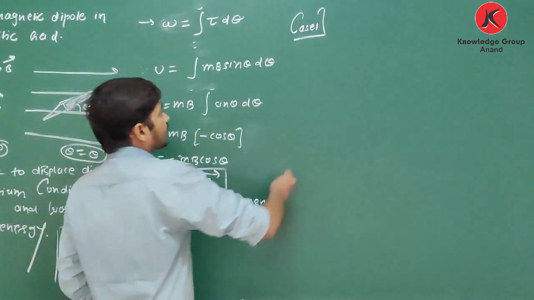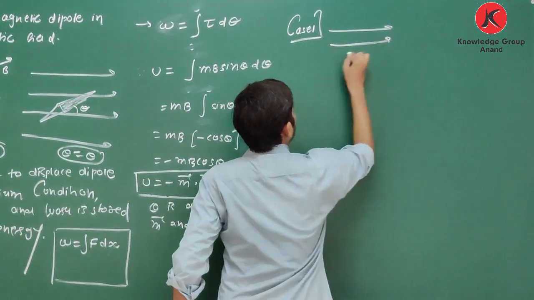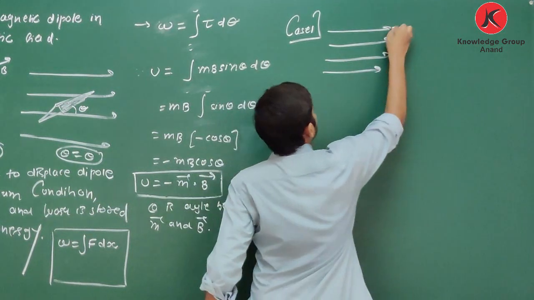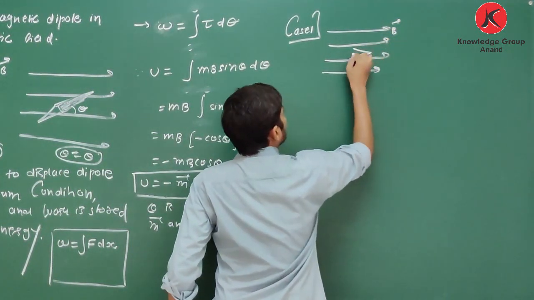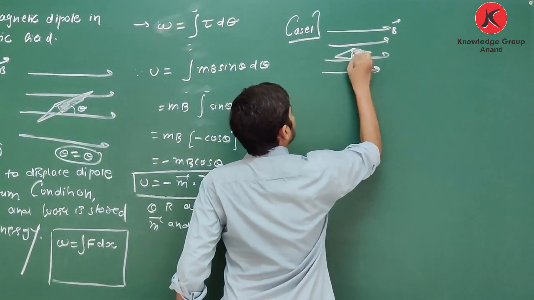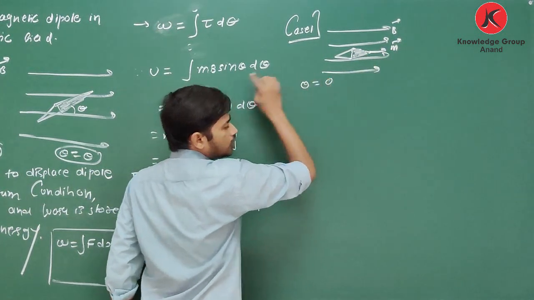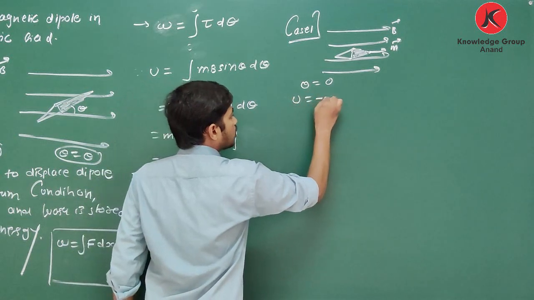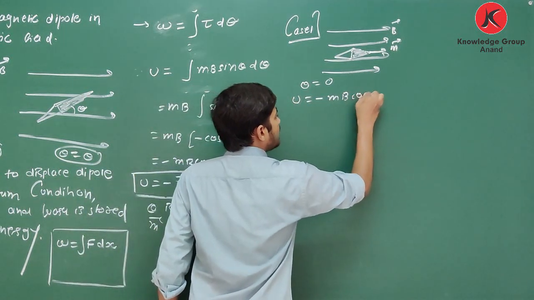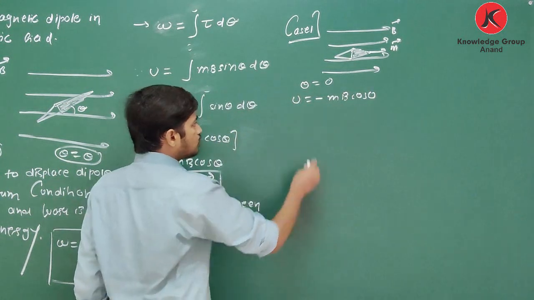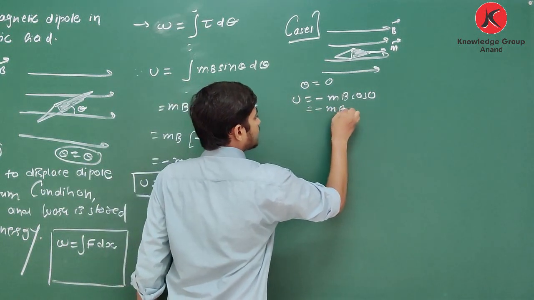Now case 1. Uniform magnetic field in this direction, needle in this direction, magnetic moment in this direction. Theta is equal to 0. So U is equal to minus MB cos 0. Cos 0 is equal to 1. So it is minus MB.